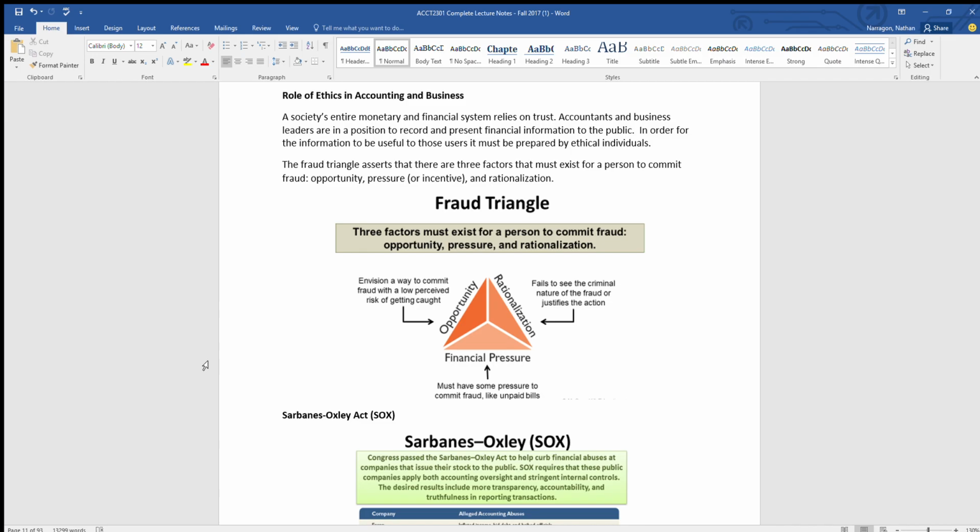Next thing is basically the opportunity. Is there a way that we can actually do the crime without getting caught? Very low perceived risk. This usually happens when you have the accountant and they not only write the checks, but they cash the deposits, they take in the money, they basically do more items than they should, and you don't have a proper separation of duties, which happens a lot with small businesses.